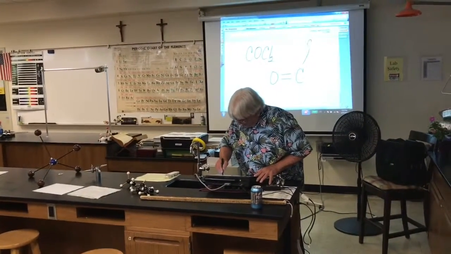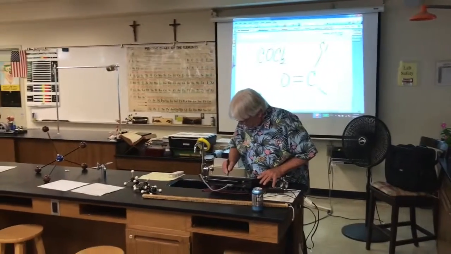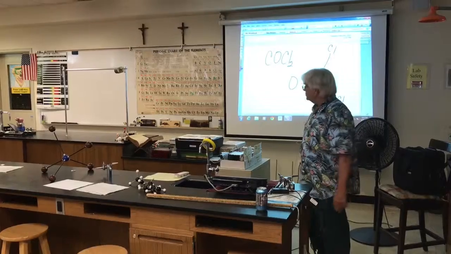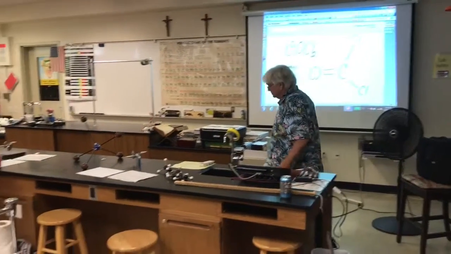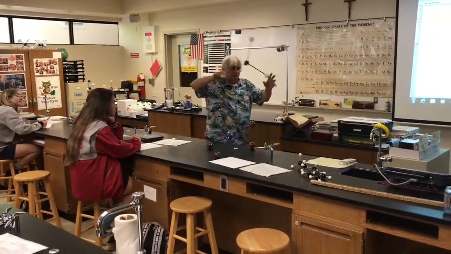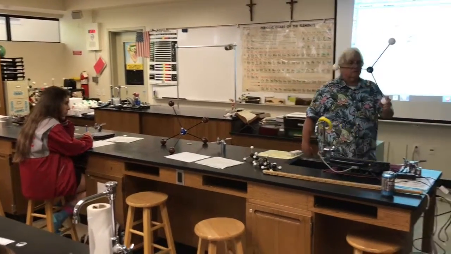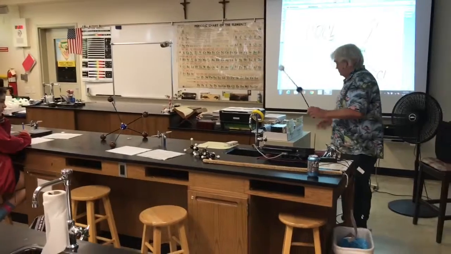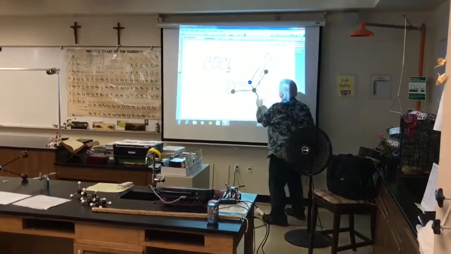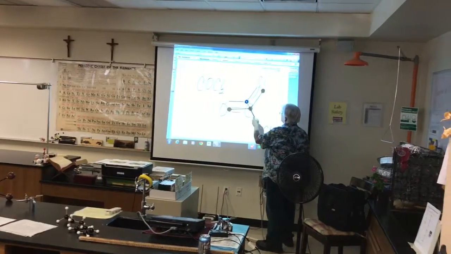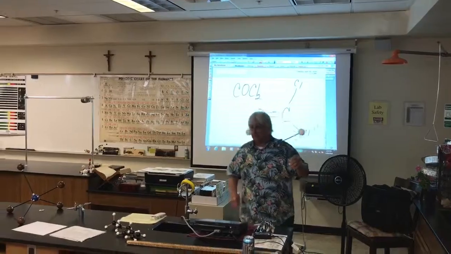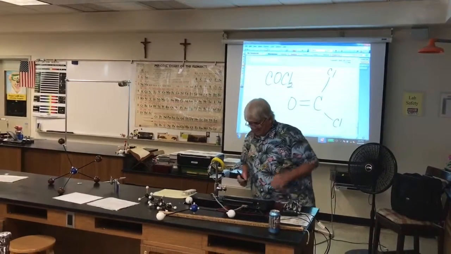And I'm going to put them separated by 120 degrees each, so it's somewhat trigonal planar. This is like boron trifluoride or boron trihydride, and it is trigonal planar. So you want to draw this COCl2 somewhat trigonal planar, so that you end up with about 120 degrees on each angle.